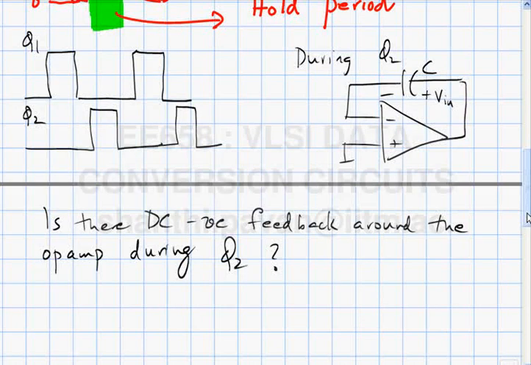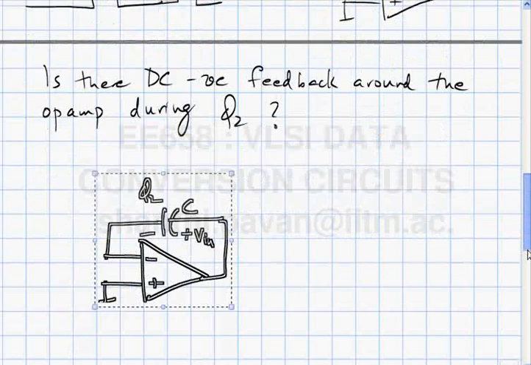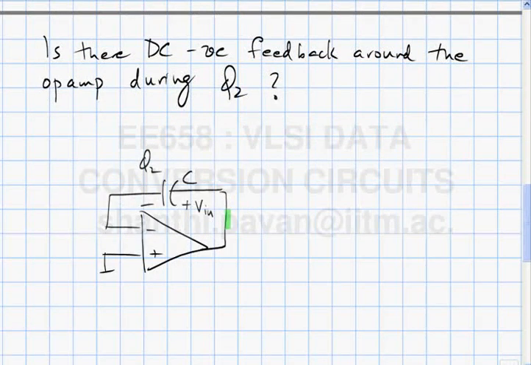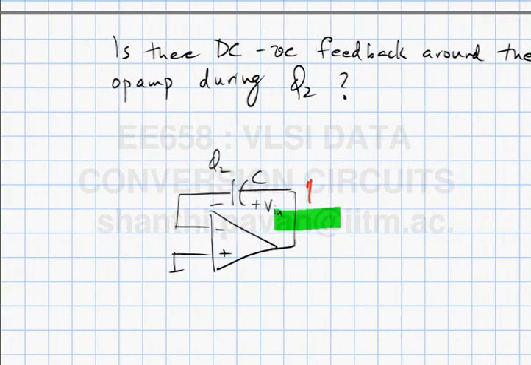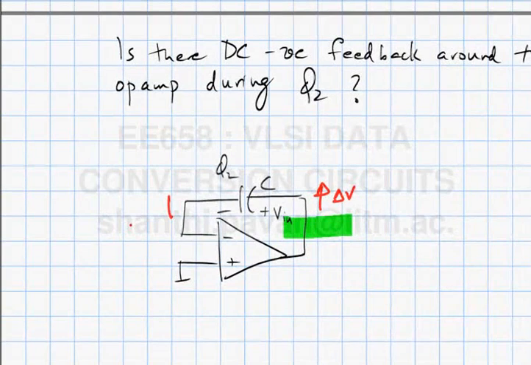So let me cut open the loop here. If I yank this voltage up by delta V, what happens to this voltage? What happens if I move one end of a capacitor up by delta V? The argument is the capacitor should retain charge.